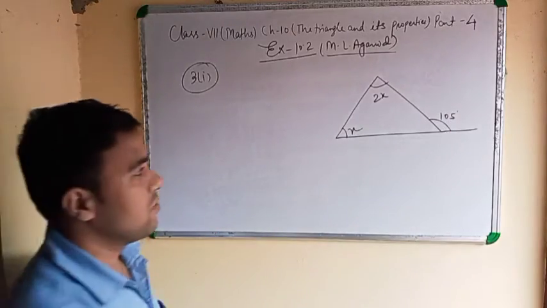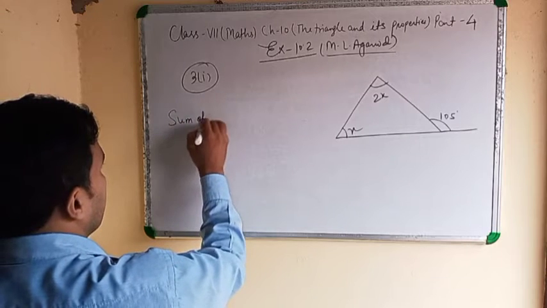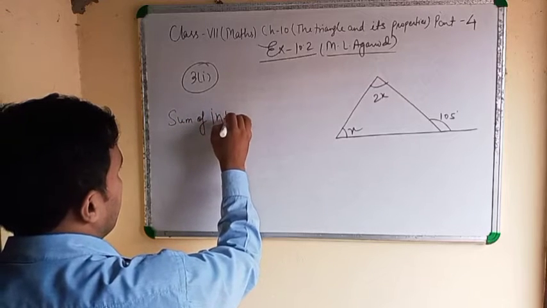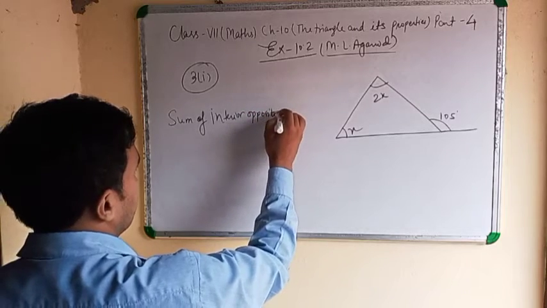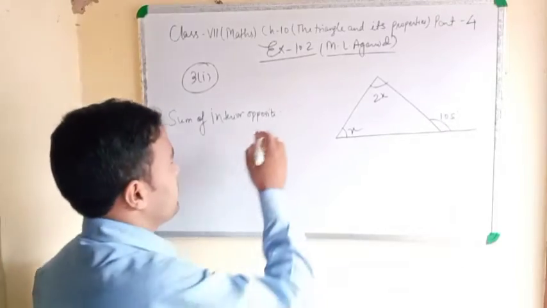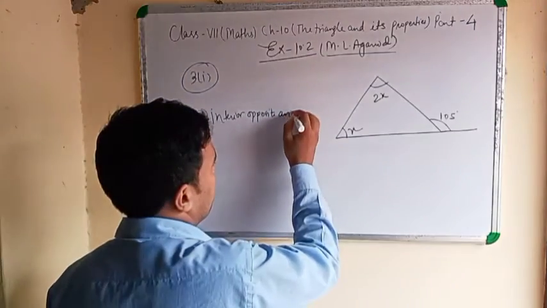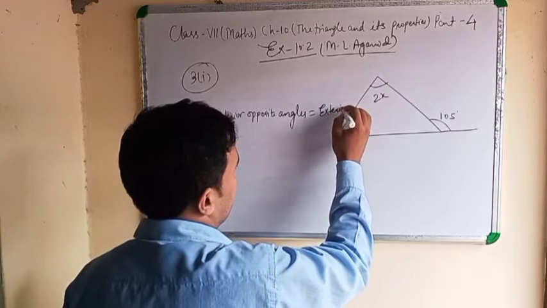Clear? Okay. Sum of two interior angles. Sum of interior opposite angles equal to exterior angle.